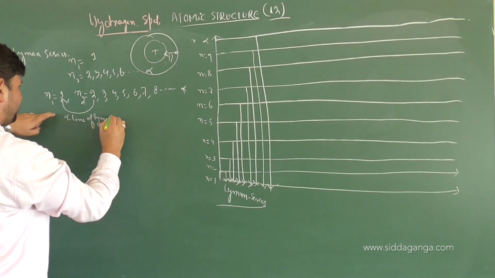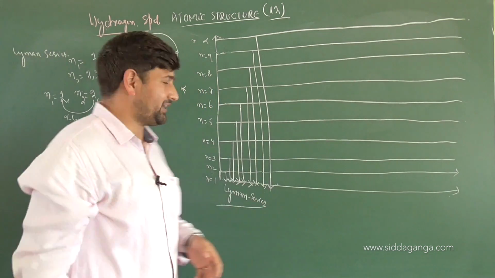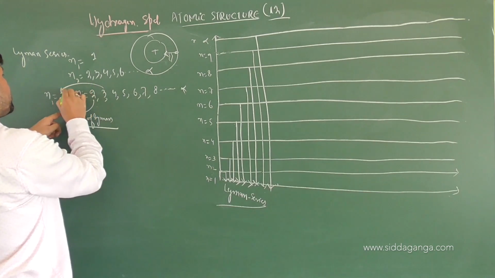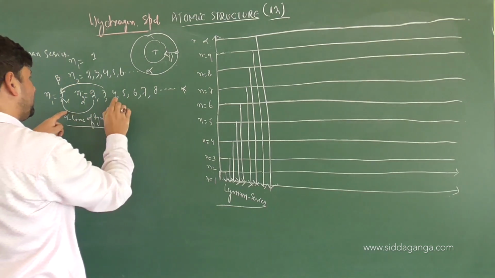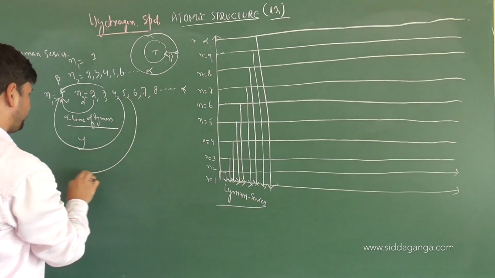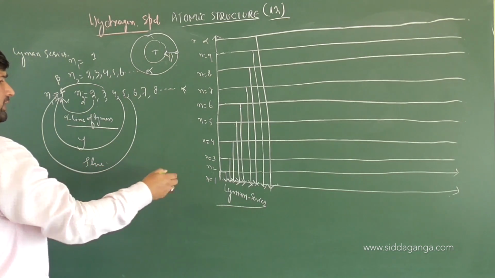Similarly, every series that we discuss will have its alpha line. When it is from 3 to 1, it is called the beta line. From 4 to 1, the gamma line. From 5 to 1, the delta line, and so on.